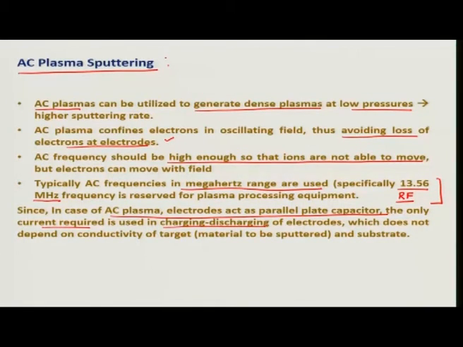Now, see this effect. Suppose you have these electrodes with a DC voltage and fixed cathode. Then suppose you want to deposit an insulating material like SiO2, which is not conducting. So, you will have a target of silicon oxide.